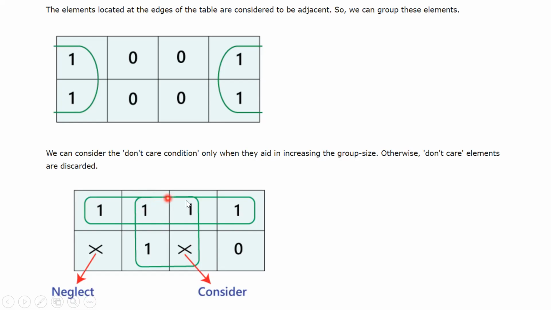So to make the largest group, it can include an element which was already in the first group. Suppose here I write ये मेरा group 1 है, ये जो पहला वाला, and then I am taking the elements of the previous one. मुझे ग्रुप बनाने से मतलब है. So यहाँ पे एक ग्रुप आ गया. So I can consider this as my second group, considering it as don't care.